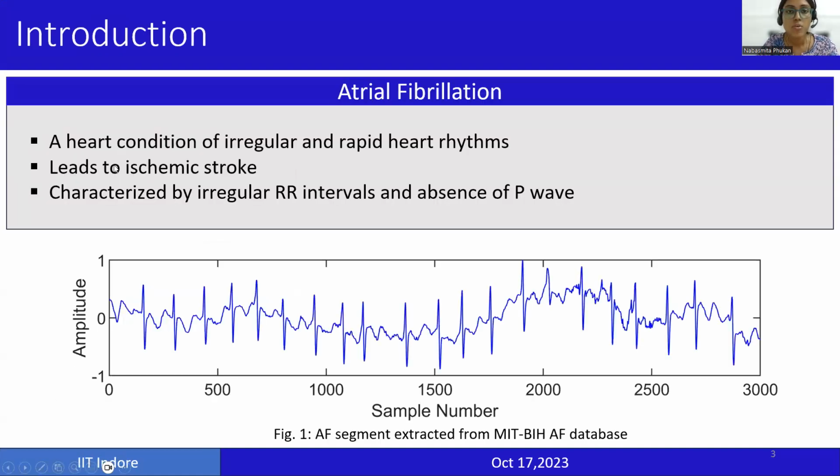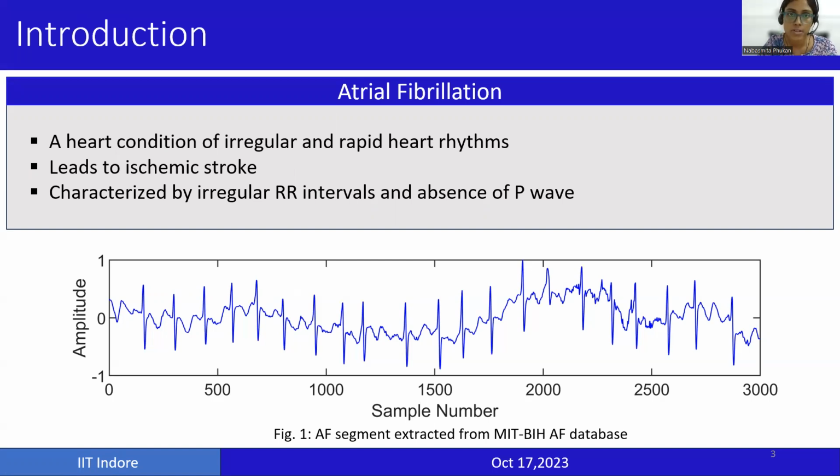Introduction. So what is atrial fibrillation? Atrial fibrillation is a heart condition in which the person feels rapid heartbeats, and this leads to him feeling dizzy or nauseous. But apart from that, it can also lead to ischemic stroke.